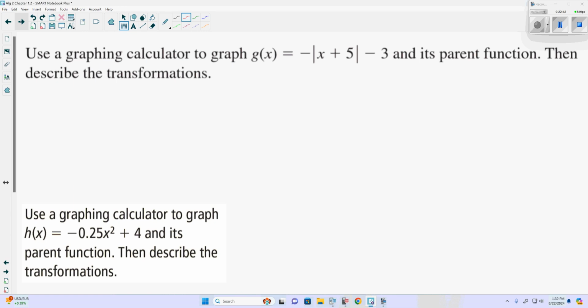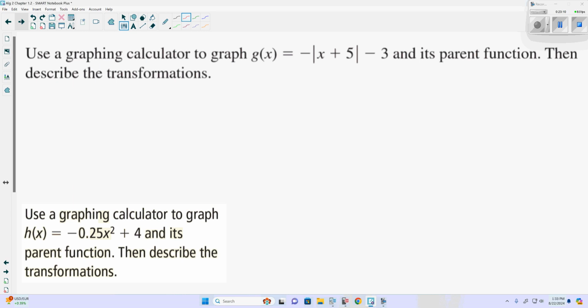We'll look at one more of these. I will let y'all pick which one of these two we do. Do we want to look at g of x or h of x? Which one looks harder? G of x. G of x equals negative absolute value of x plus 5 minus 3.